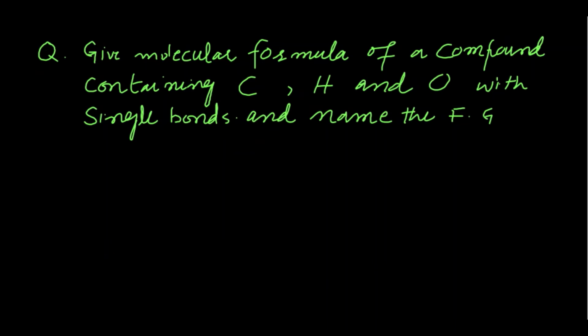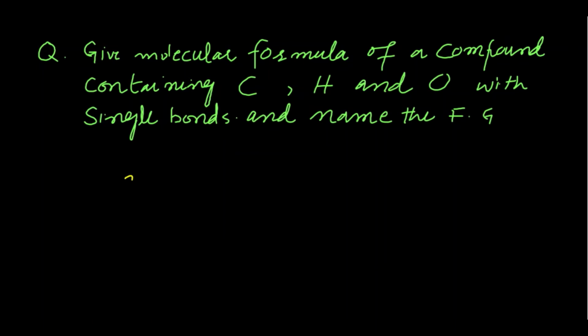Now students, we will see what is the next question. In the next question, we are asked to give the molecular formula of a compound containing carbon, hydrogen and oxygen with single bonds and name the functional group. What is the question? We have to write the formula and name of a compound which contains carbon, hydrogen and oxygen, with single covalent bonds between all of them.